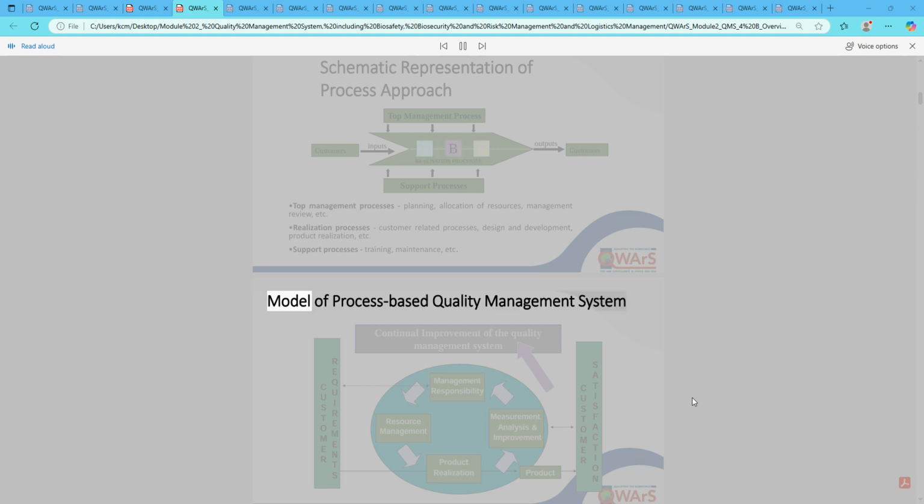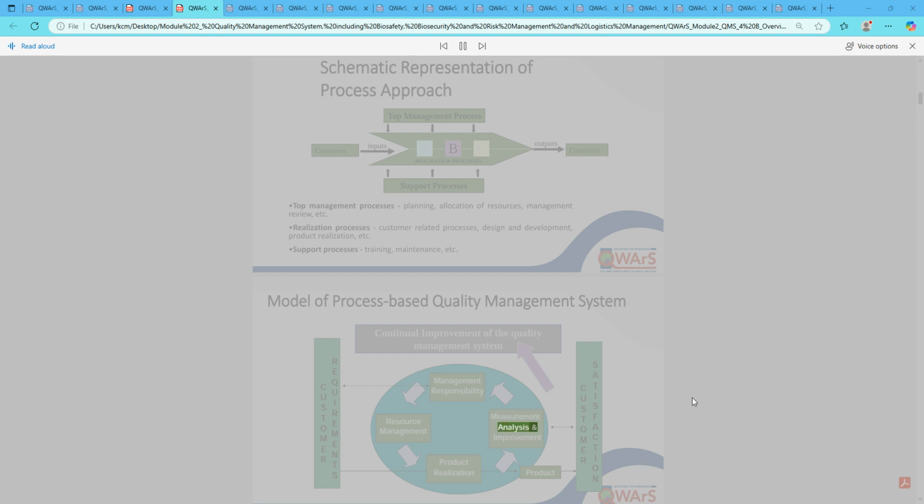Model of Process-Based Quality Management System. Customer. Requirements. Continual Improvement of the Quality Management System. Resource Management. Improvement. Analysis. Measurement.